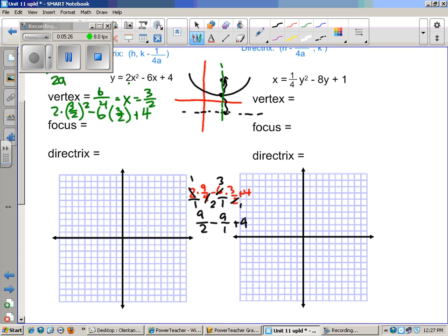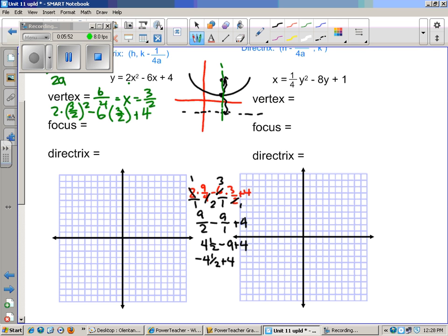Okay, and then keep going. I'm going to change this into a mixed number. So 9 divided by 2 is 4 1/2. So I get 4 1/2 minus 9 plus 4. 4 1/2 minus 9 is negative 4 1/2 plus 4.